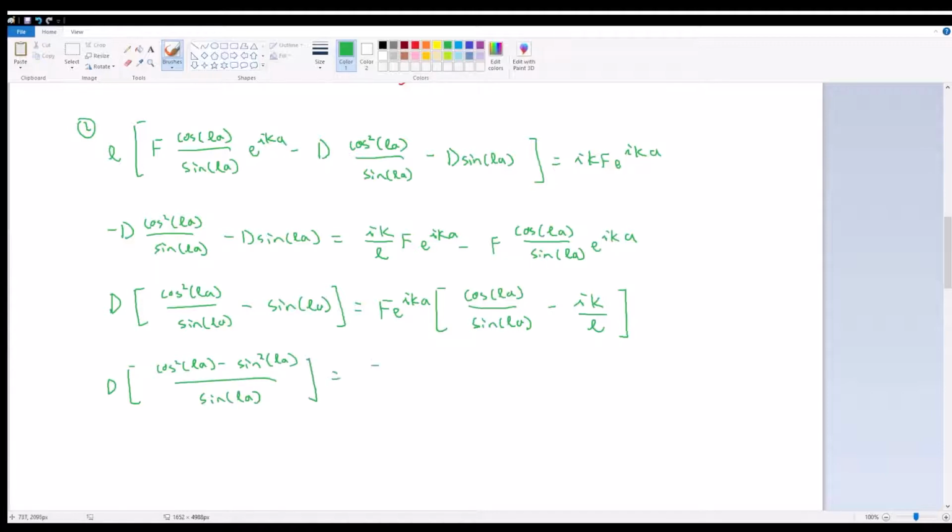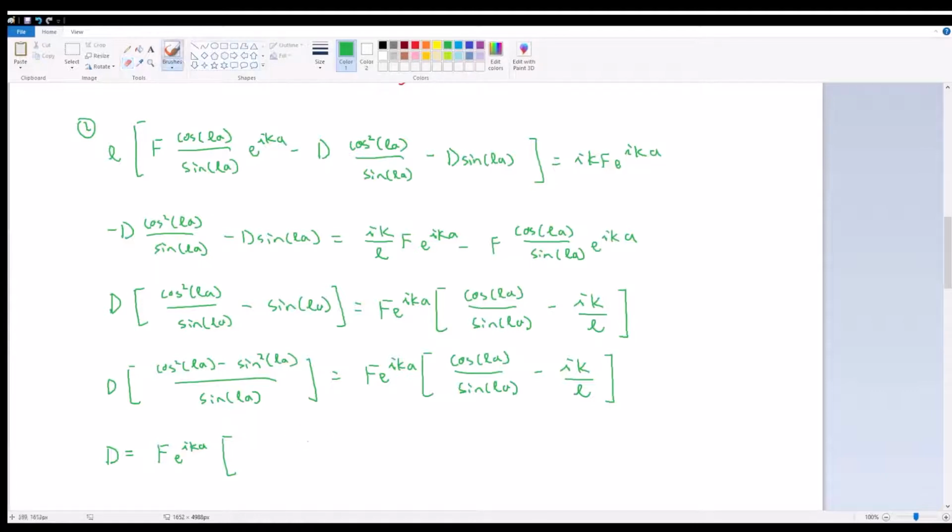And this is going to equal F e to the IKA multiplied by, you know what, I'm just going to copy paste this. And if I move this over, this is going to give me that D is equal to F e to the IKA, and then multiplied by, sine cancels out, so we have cosine squared LA minus, no, hang on, sorry.